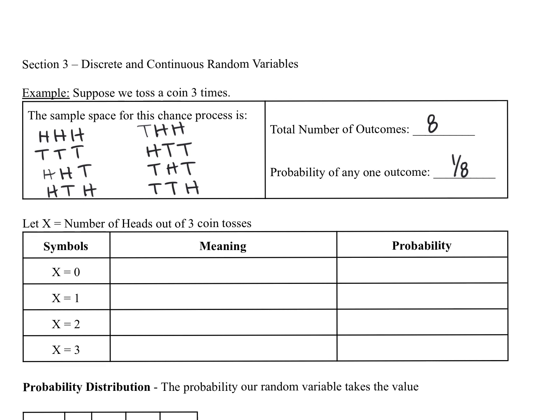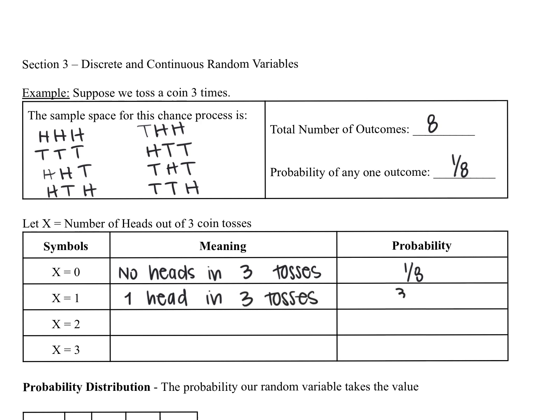So if we let x, our variable, be the number of heads out of 3 coin tosses, we can have x equals 0, which means you have no heads in 3 tosses, which only happens 1 time, so 1/8. You can have x equals 1, which means you get 1 head in 3 tosses, which we've discussed.